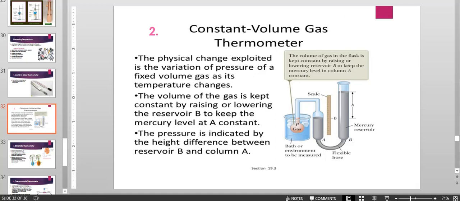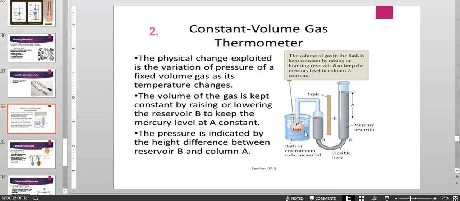And this is basically the bath or the environment to be measured. In this, if we want to find out the temperature of a cold water, then we'll place a cold water in this beaker.